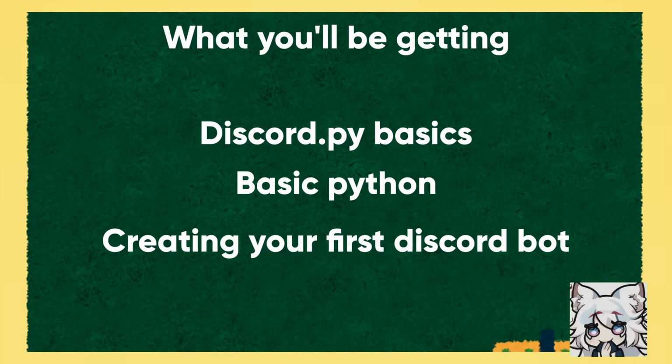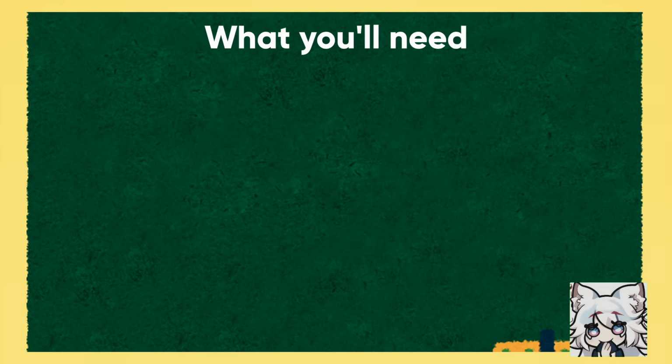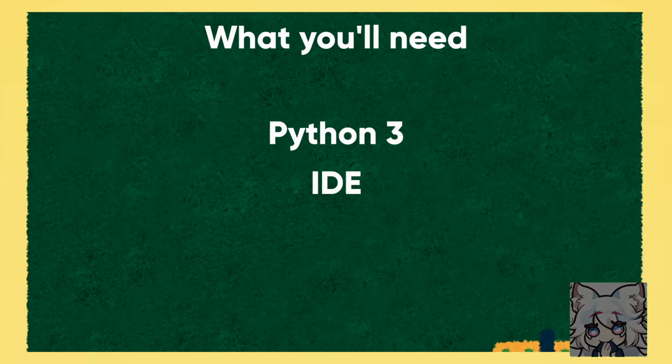Okay, so let's get through what we have to do now. What you're going to need is Python, which I'll tell you how to get. You're also going to need an IDE. An IDE is basically the app you use to code anything, really.